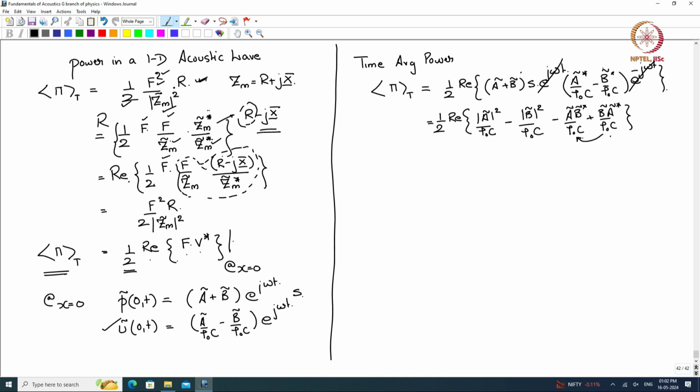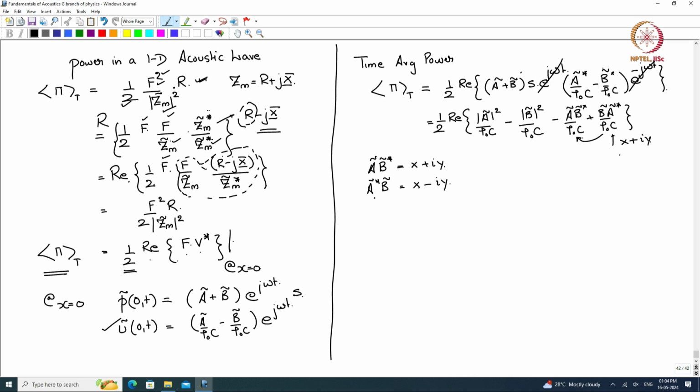So if this is x plus iy, this is x minus iy. So if a tilde b tilde conjugate is x plus iy, then a tilde conjugate b tilde is the conjugate of this, x minus iy.